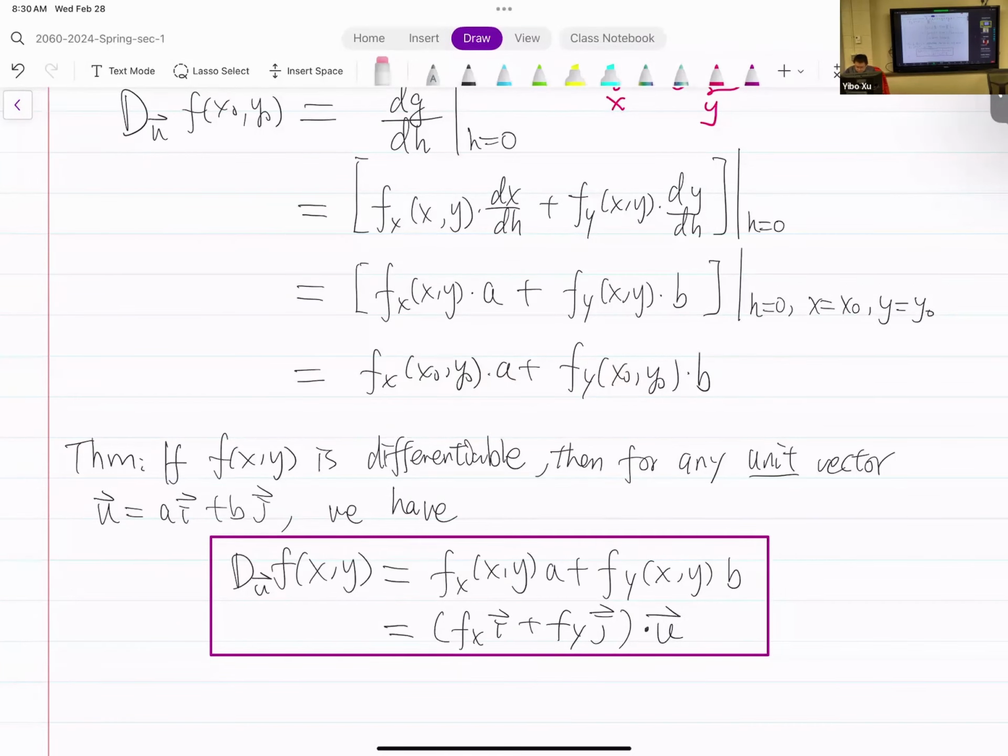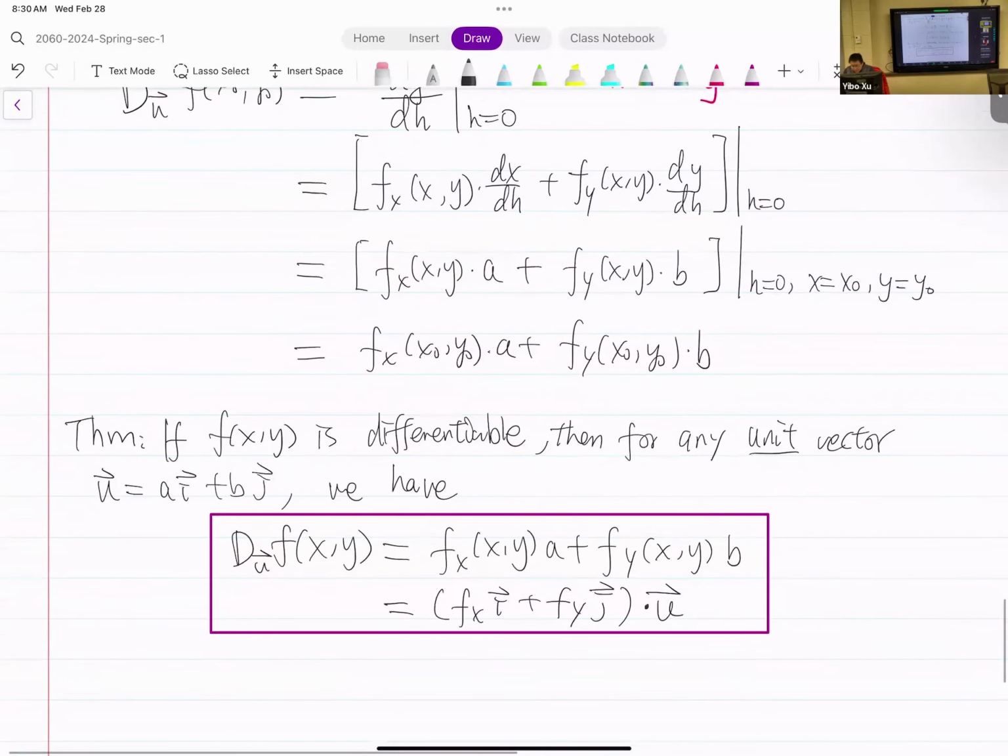So now we see the directional derivative just relies on the partial derivatives as a vector. And then once we calculate this vector, we take its dot product with the unit vector u.